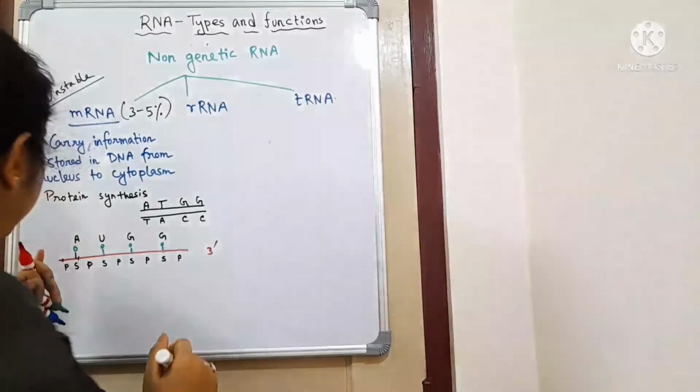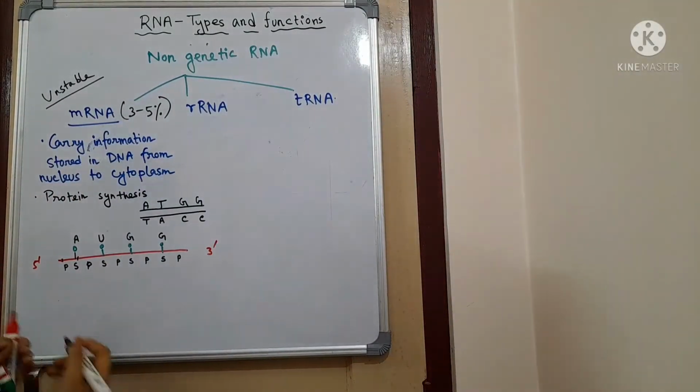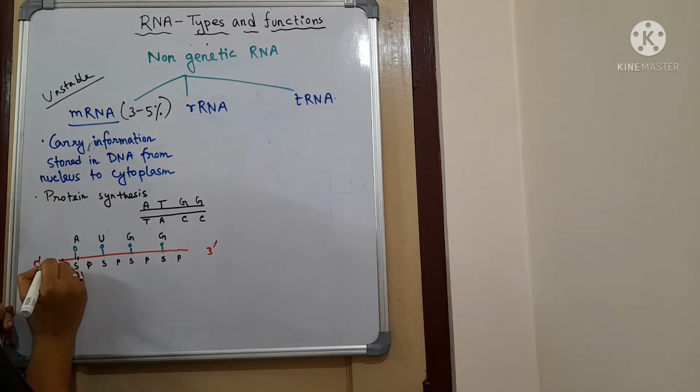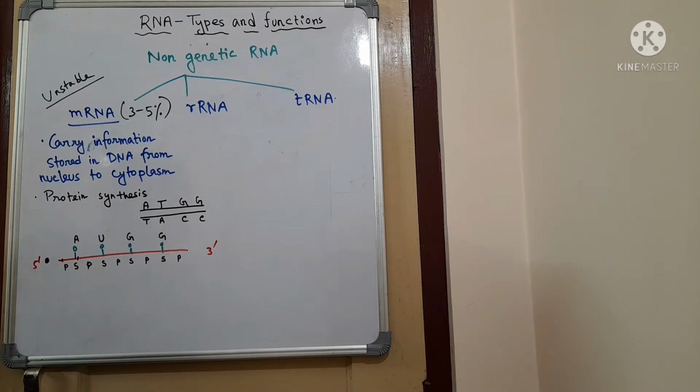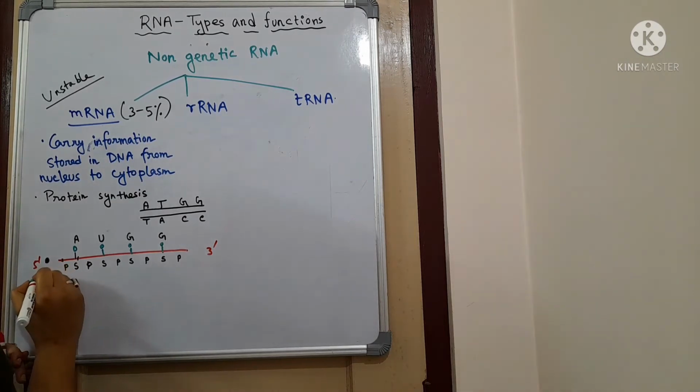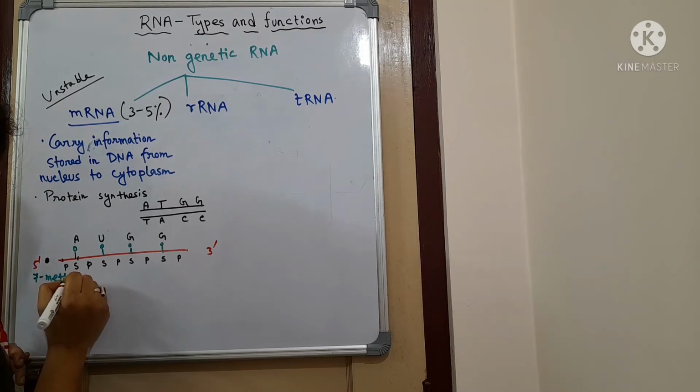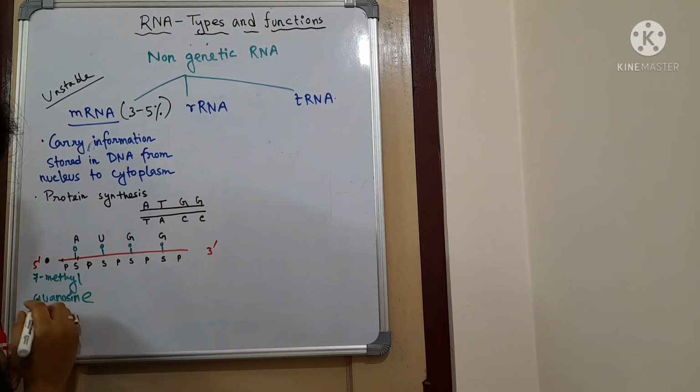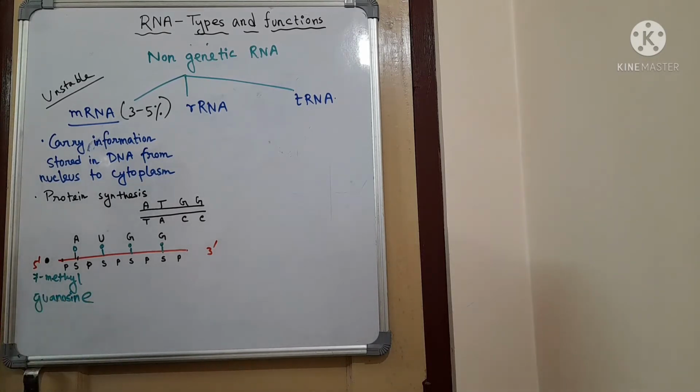Okay. So at the 5' end, there is an addition of an unusual group of molecule known as 7-methylguanosine. This is a very unusual component of guanine or guanosine.